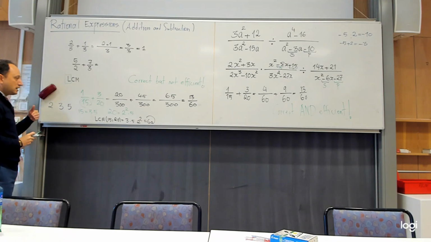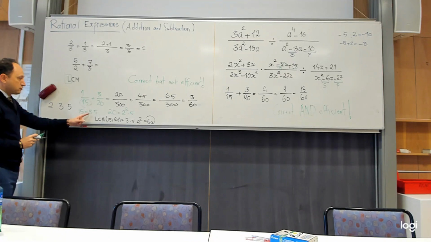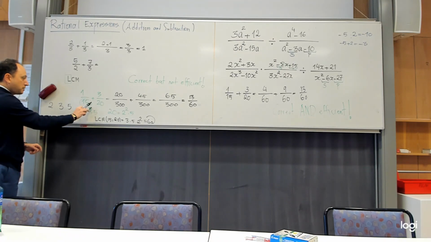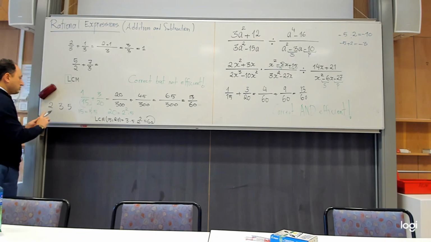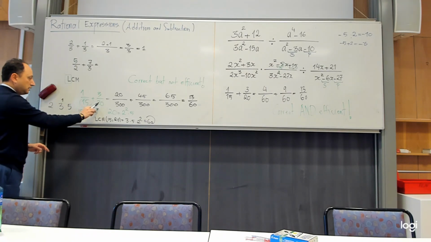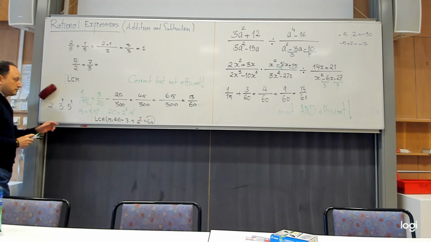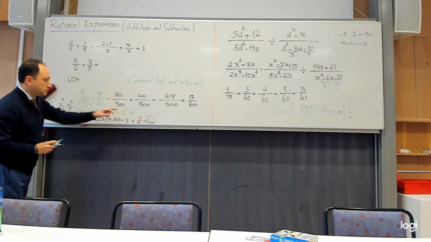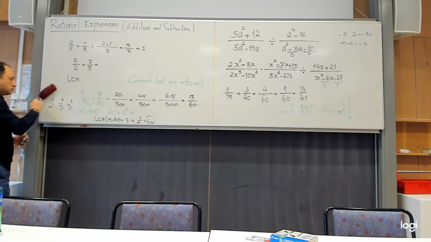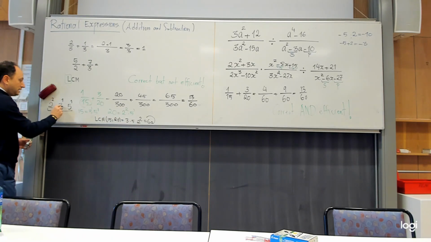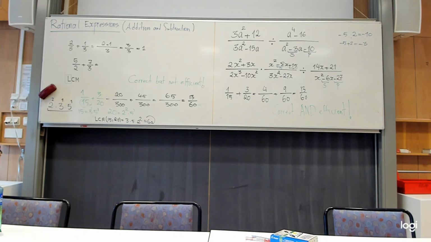But you choose the highest power. For 3, the highest power is 1, so I choose 1. For 5, here is 1, here is also 1, so again I choose 1. But for 2, the highest power is 2. So I write 2 squared.